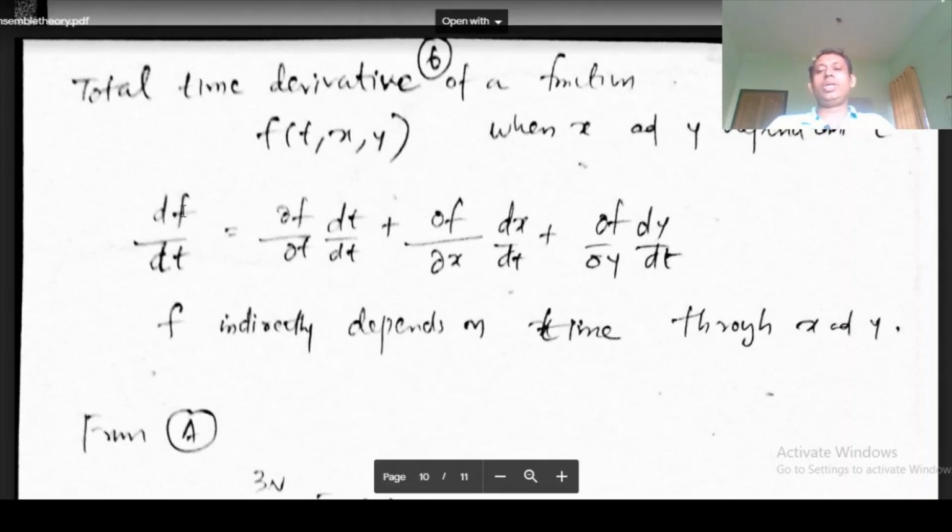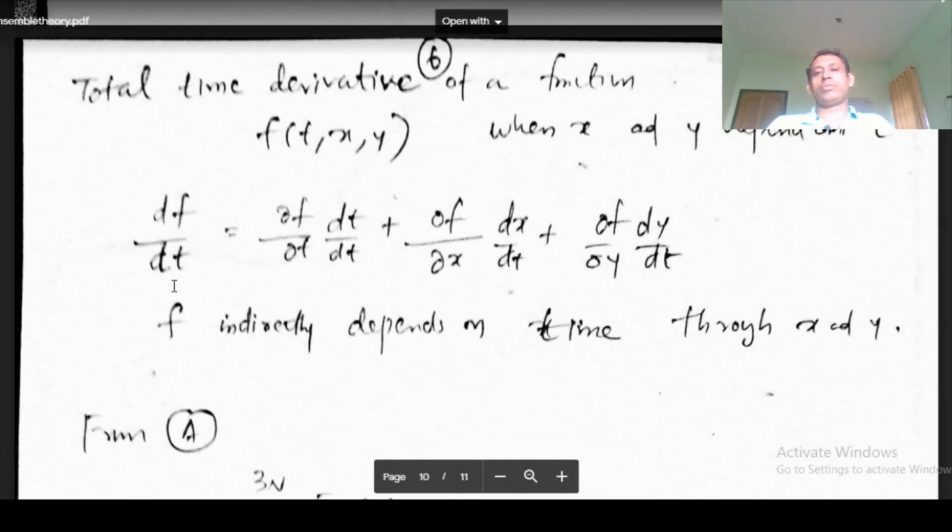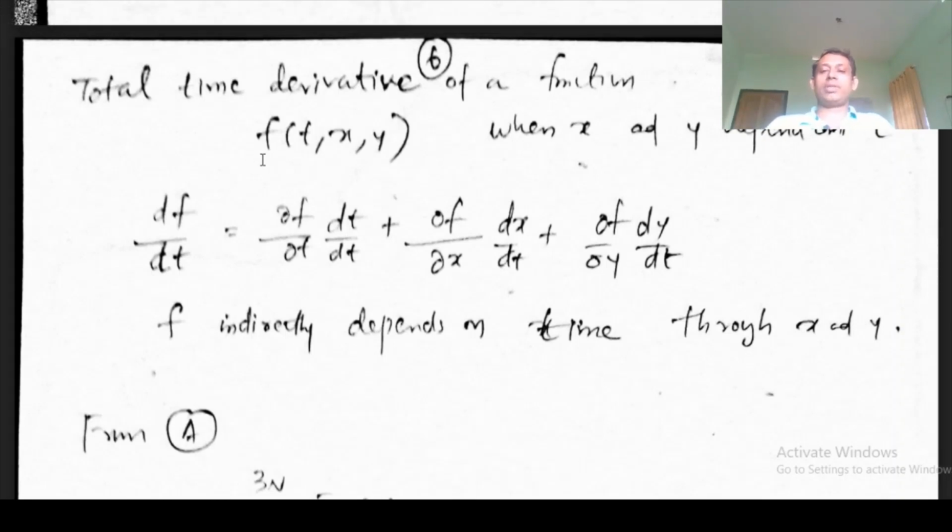So dρ/dt, if I am taking the total time derivative of our density function, we know it's a function of time, position coordinates and momentum coordinates.